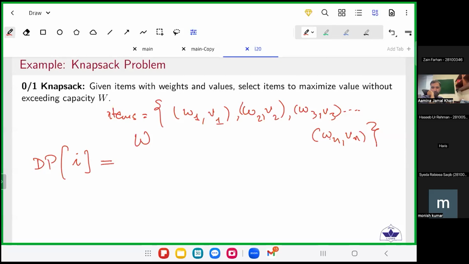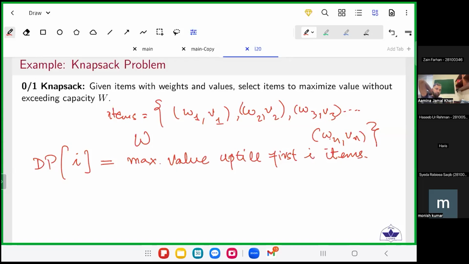Okay, so the maximum achievable value up till the first I items. But that will fail. That will not work.